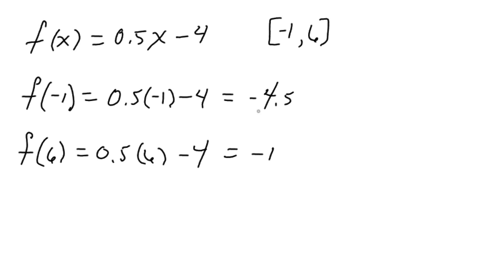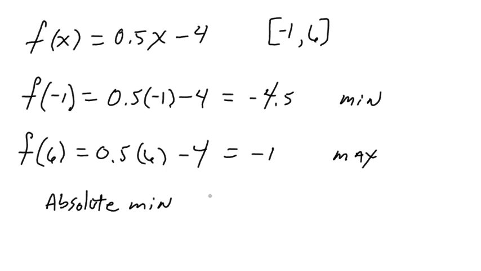So as you can see, the largest y value is going to occur here, and then the smallest y value will occur here. Okay, the minimum. So we could say then that the absolute minimum is -4.5 when x is equal to -1.